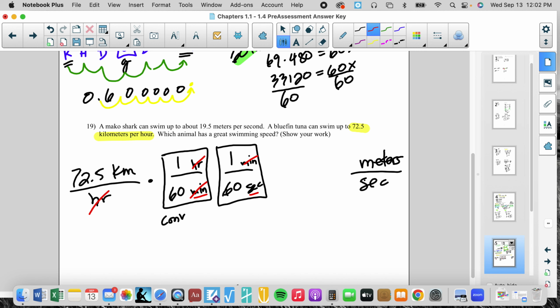Okay, so I'm good with my time, and now I need a conversion to go from kilometers to meters.